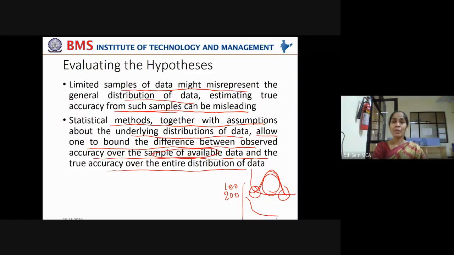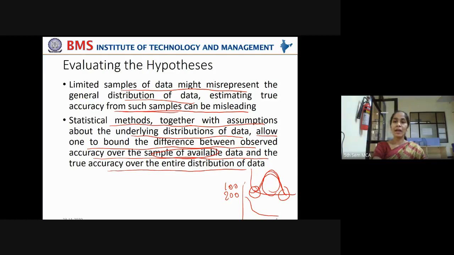Say I am observing this accuracy over 30 students. Now that is not too much different when I apply this study to my 60 students. So I'm trying to study 50% of the population, and when I apply that experiment's results to 100% of the population, there should not be any difference in the accuracy, or the difference should be very minimal.